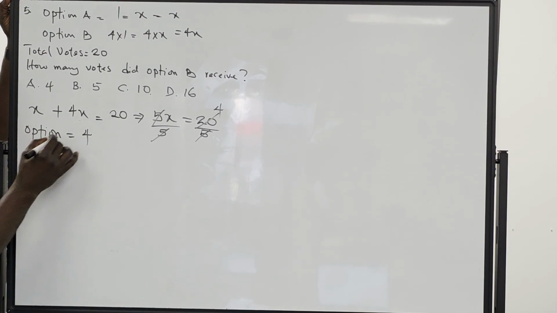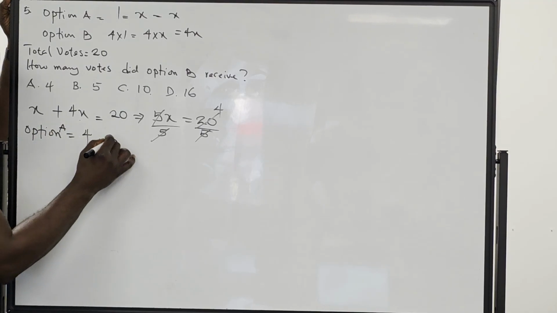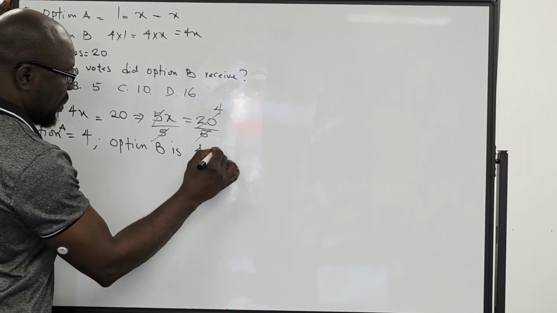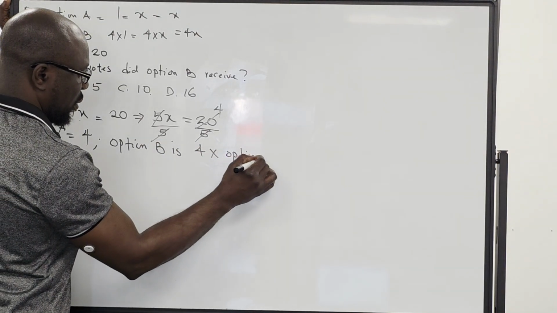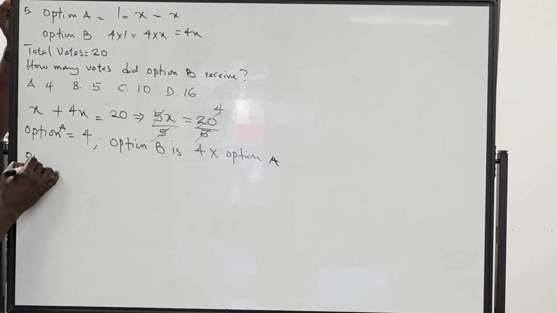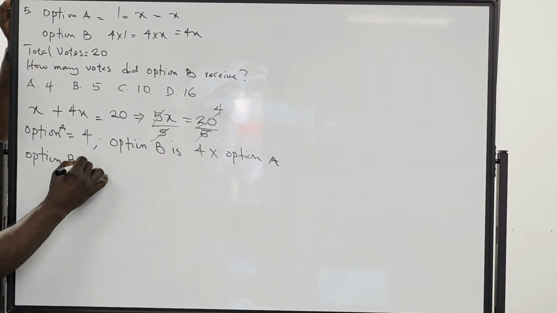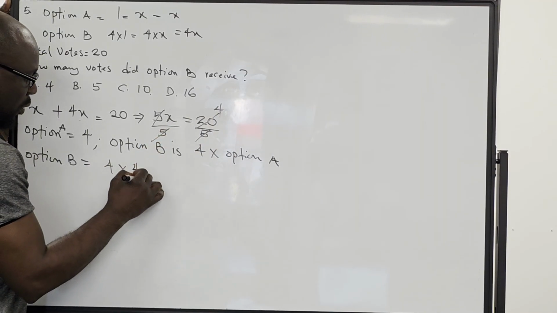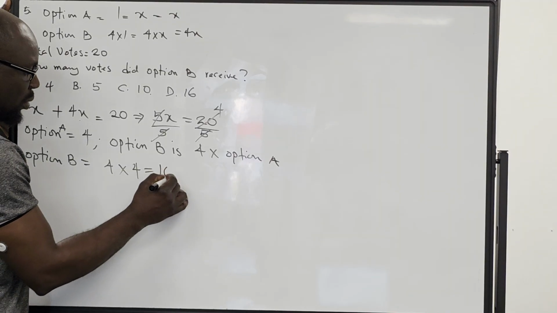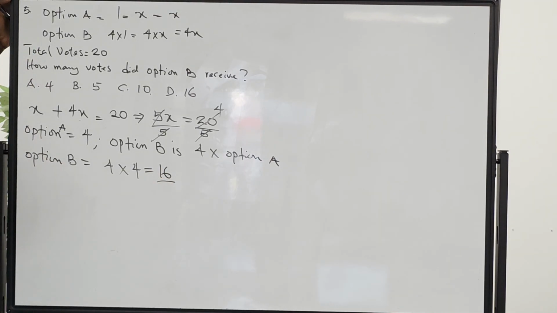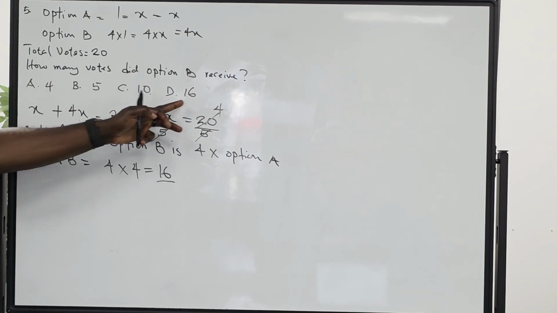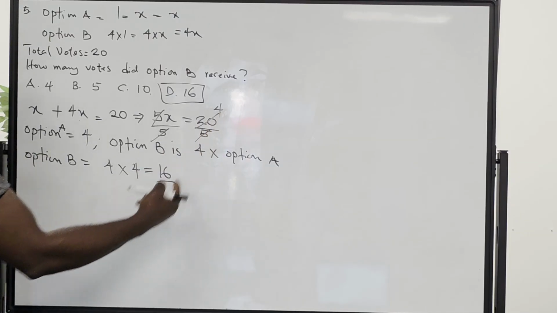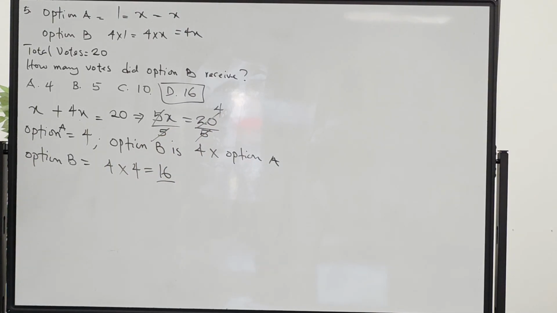We know that option B is 4 times option A, so 4 times 4 is 16. So option B had 16 votes. Option A has 4 votes, combined is 20 altogether.